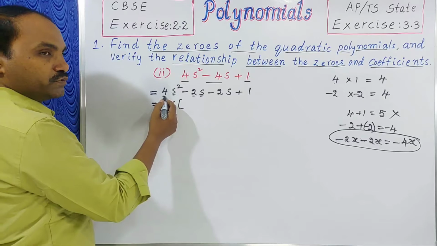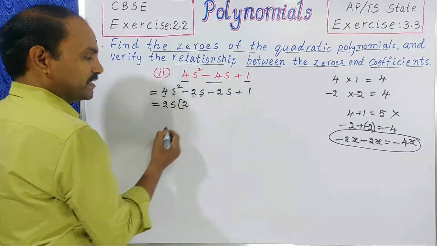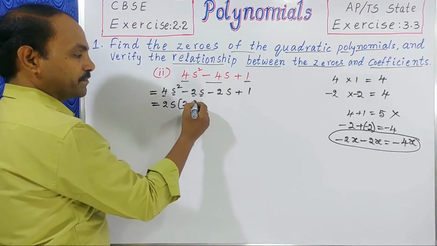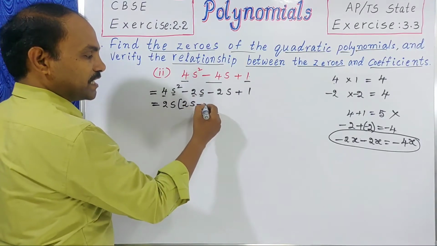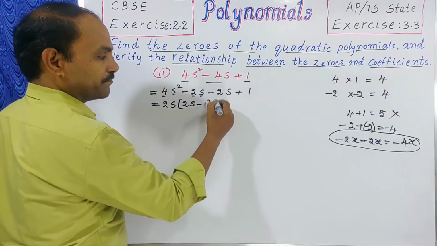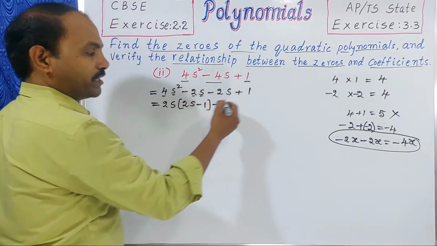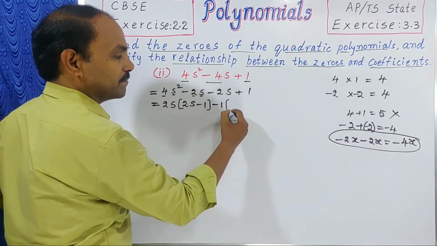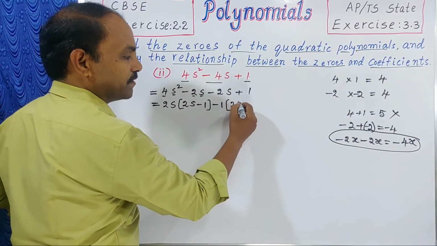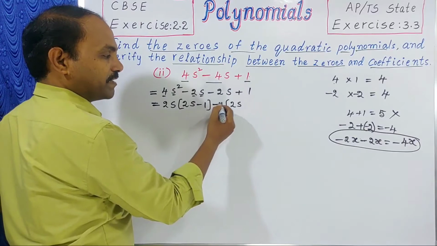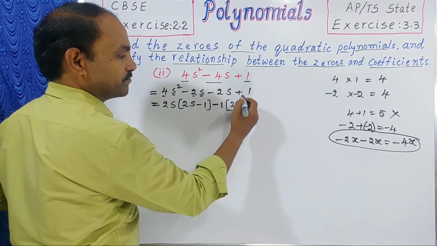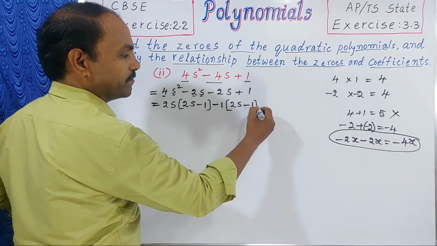Here 2 gone means 2 2's 4, that's why 2 is there, 1 s gone, so 1 s is there. Minus 2s gone, that's why 1 is there. Minus in these two nothing is common, so you can take 1 as common. So 2s, already minus common, that's why you should write minus here. Why? Because minus into minus plus 1.